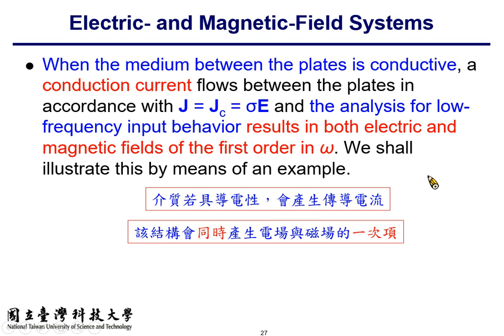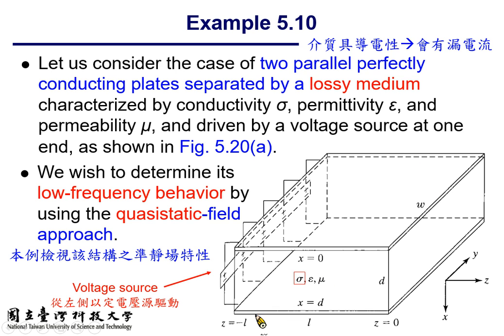So let's look at the problem geometry again. This is the capacitive structure that I have described earlier. Without the end plate, if you apply a voltage source on the left hand side, it will build up a voltage potential between the two plates. However, if the conductivity of the dielectric slab is non-zero, then what happens?